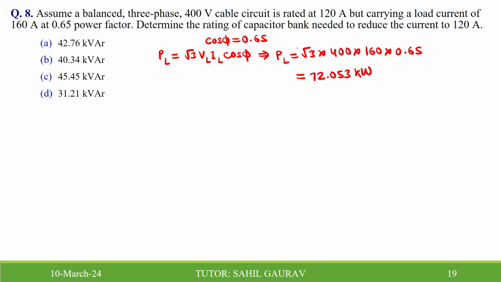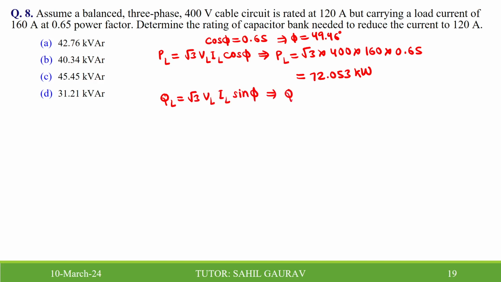Now, if you find the power factor angle for this 0.65 power factor, you will get 49.46 degree. Therefore, QL you can get as root 3 VL IL sin phi.